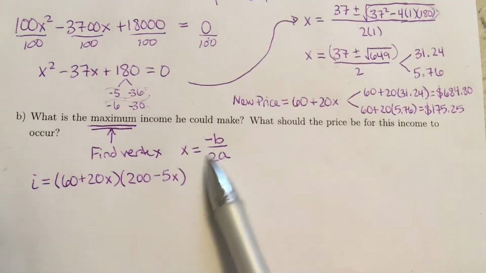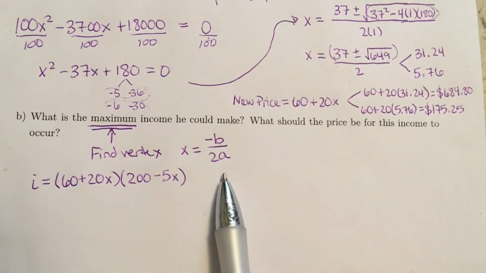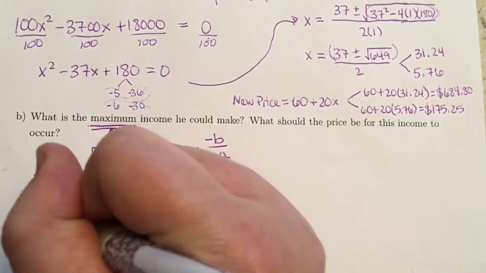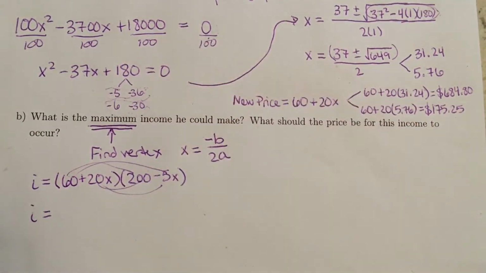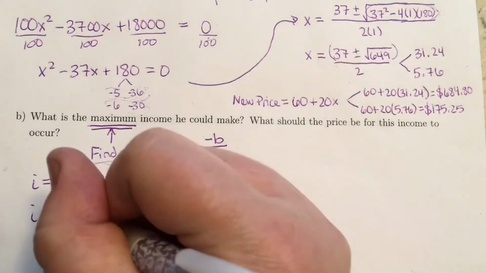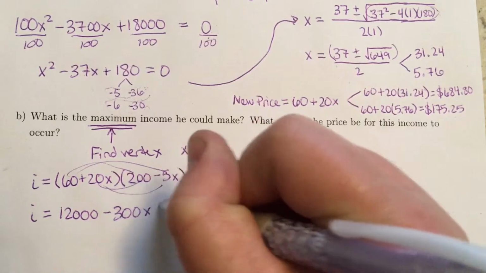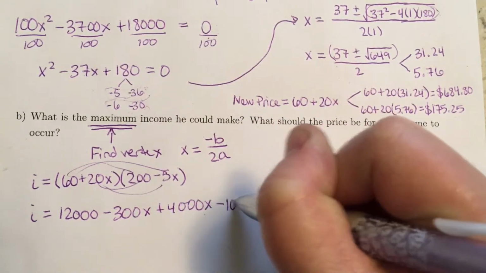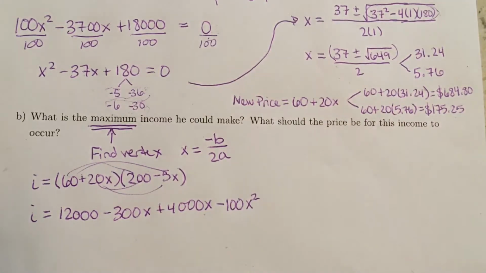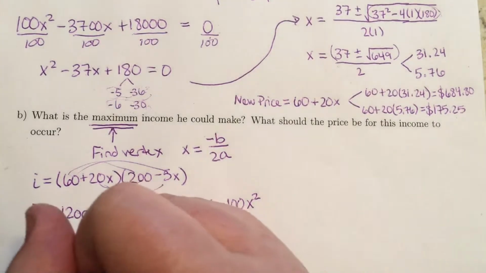In order to find the vertex, we need to multiply this all out and get our A and B for this formula. So I equals, it's actually the same FOIL we did in part A, so you can look up there too. We got 12,000 minus 300x plus 4,000x minus 100x squared. Once you combine like terms, I'm also going to write it in standard form, putting the x squared out front.